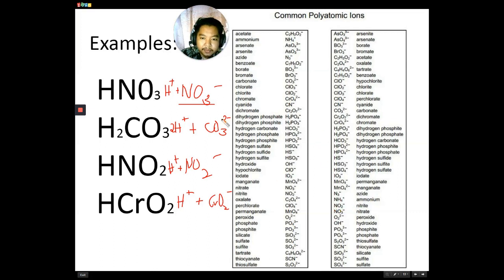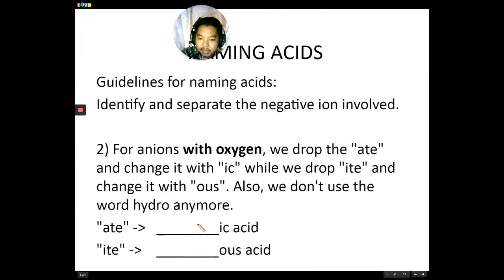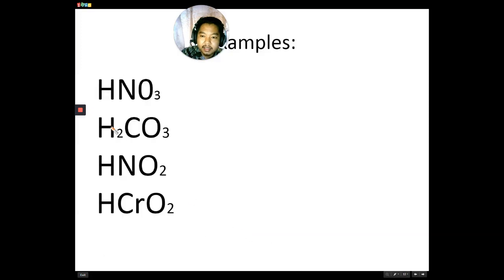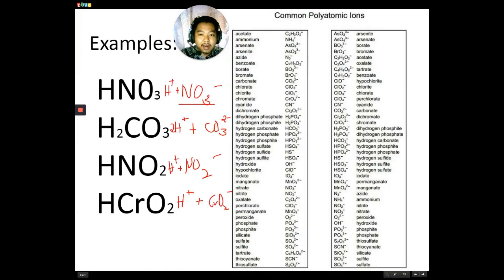Here, NO3 negative is a nitrate. And the rule says if it's a nitrate, I will use ic acid. So I will change ATE and make it ic. Instead of saying nitrate, I will just say nitric acid. Again, I will not write hydro anymore because the formula says change ATE to ic. Very simple, right? Very easy.